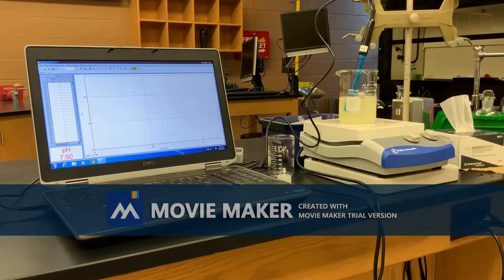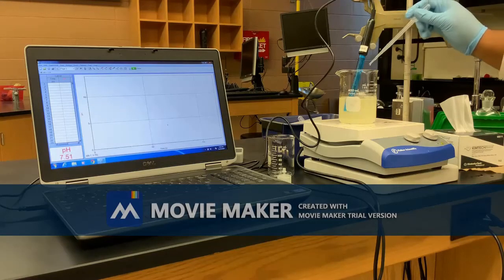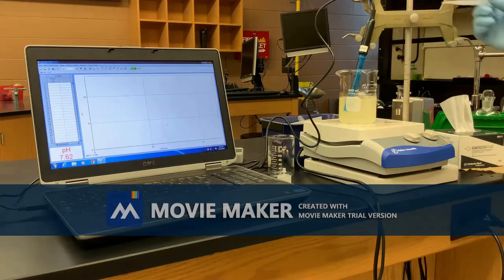That was an error on my part. 43 drops have been added at this point. And that's 25 drops. That is 45 drops, not 25.